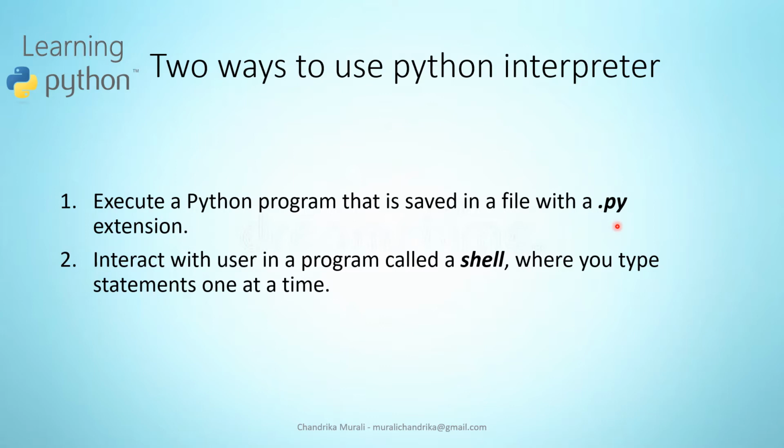Or the second way is to use an interactive program called the Python shell, where we type one instruction at a time, and the interpreter responds to that instruction. So in today's session we will be learning about the Python shell and how an instruction can be executed in a Python shell.